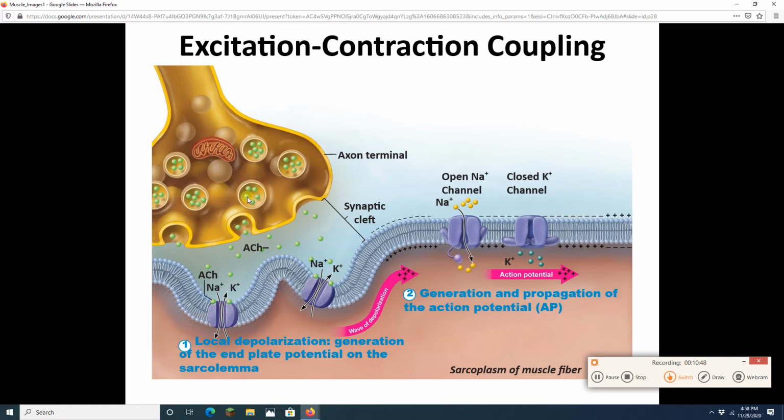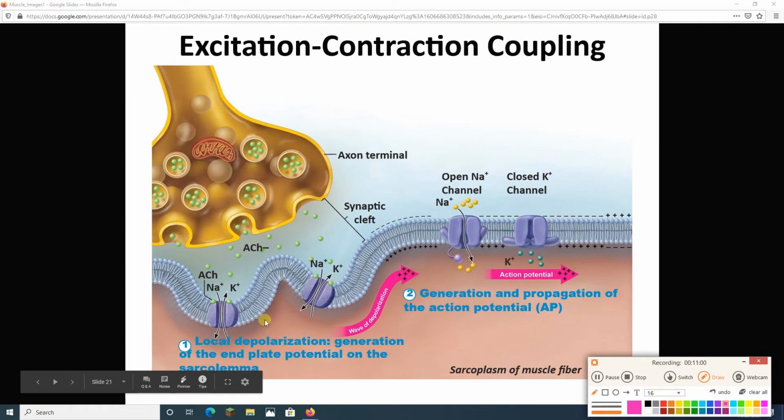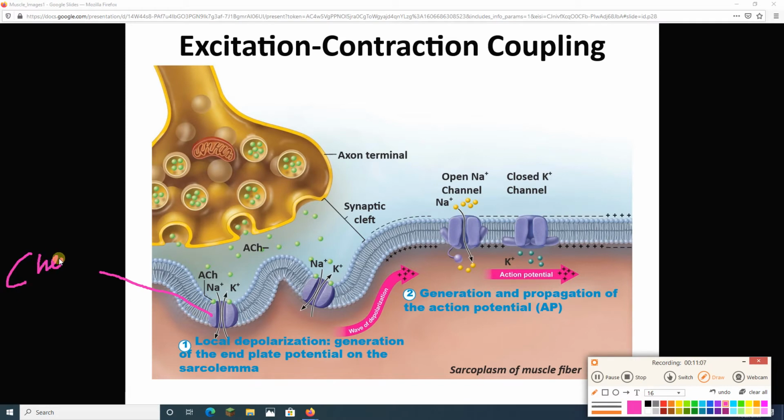And the little green guys here are acetylcholine. They're released into that synaptic cleft. The acetylcholine is going to bind to this receptor. By the way, there's two of these receptors that we can see. Since it's binding acetylcholine, it is going to be cholinergic.